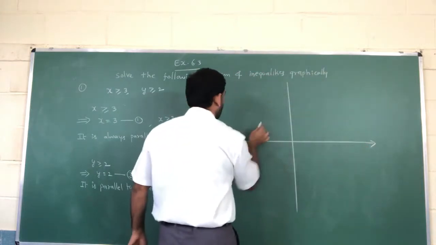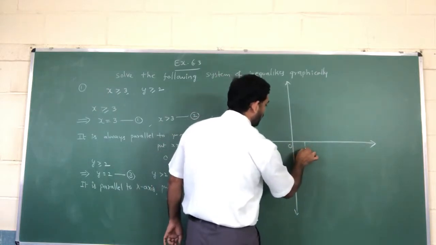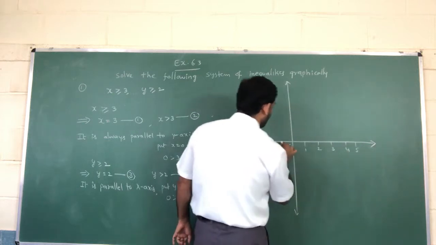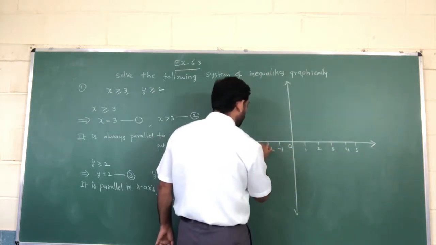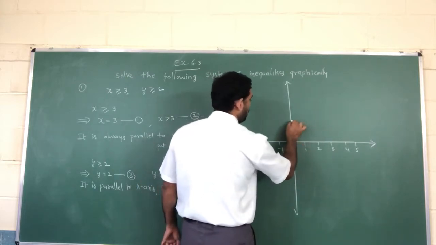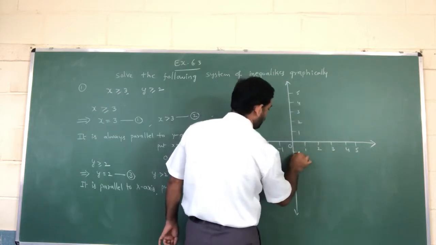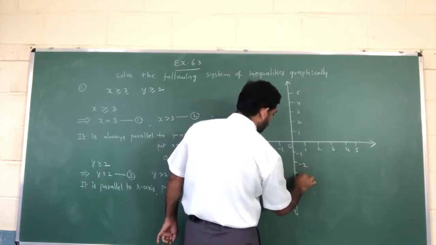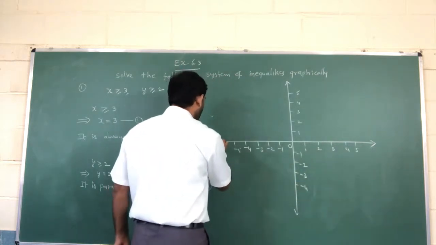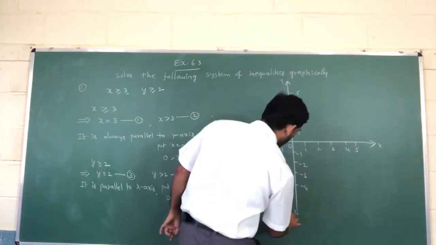Measurements: 1, 2, 3, 4, 5 on the positive side and -1, -2, -3, -4 on the negative side. This is x dash, this is x, this is y, this is y dash.